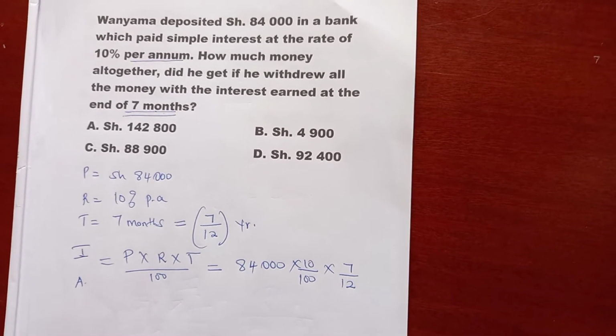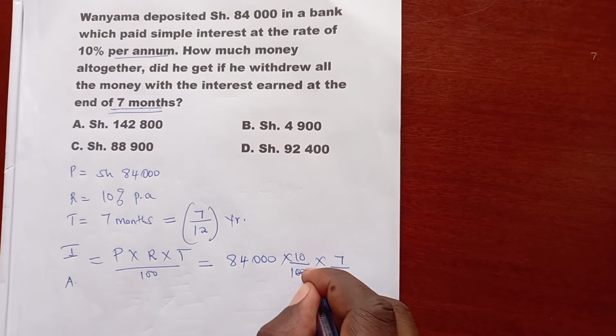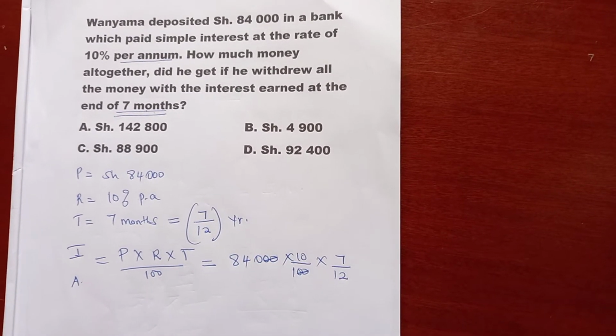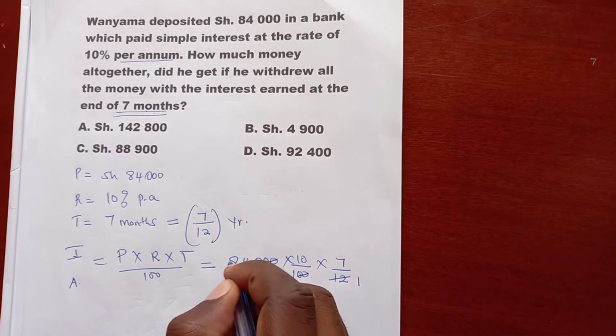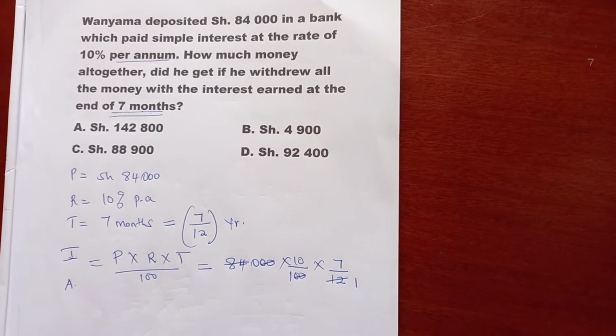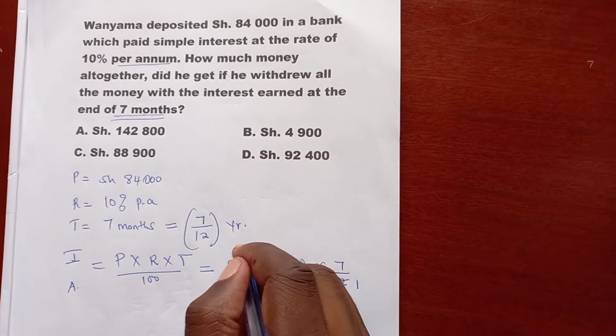We cancel where possible. The 2 zeros cancel each other. Then by 12, 1. 84 divided by 12 will give you 7.